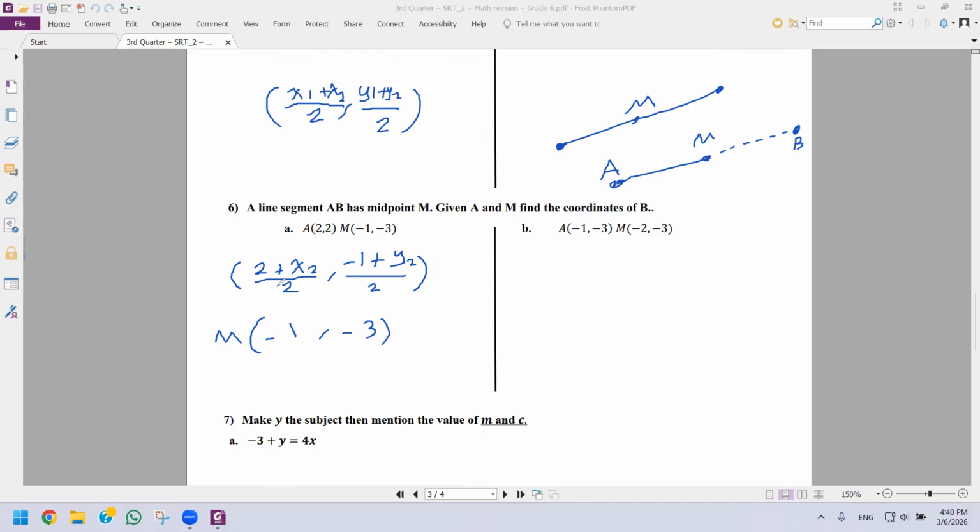So look, since it's divided by 2, we should do here the opposite. Minus 1 times 2, it's minus 2. So the answer here, 2 plus x2 should be minus 2, the total of it. Here I already have 2. So how much do I need to make it minus 2? I need minus 4.